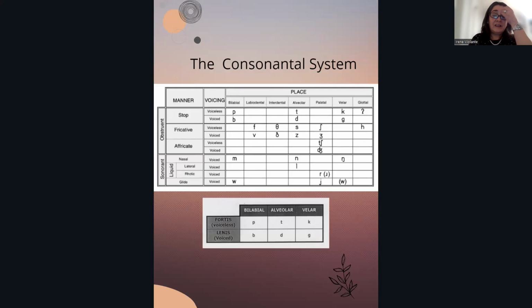And then the consonants, I think the consonants are very interesting too. I admire all the scholars that have decided to study and analyze the system, and they have been able to categorize consonants in how they are pronounced depending on the place and whether there's voice or no voice, if there are stops, you know, and all these things.